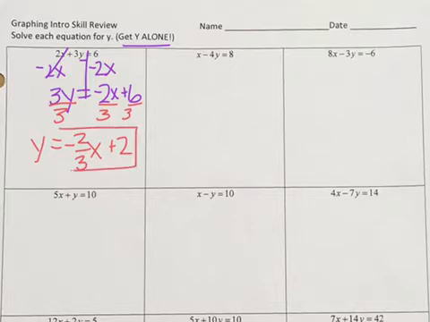This is the answer I am looking for. I want to see fractions that are simplified. I do not want to see decimals. And I want to make sure that the x value goes first. So if you remember, this is slope-intercept form of y equals mx plus b. Again, if you don't remember it, don't worry. We will review.